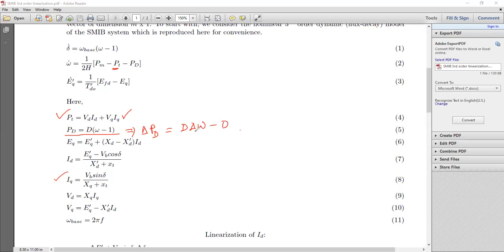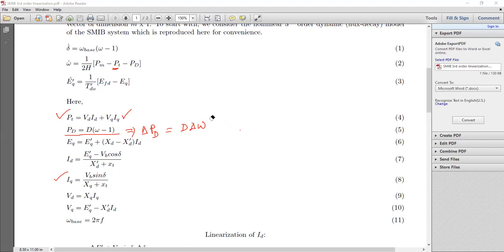Okay, what is D? D is the constant, the damping power coefficient. When you linearize a constant, you actually get nothing out of it, because you have to take the partial derivative. So this would actually be 0. So you'll be only left with D del omega.